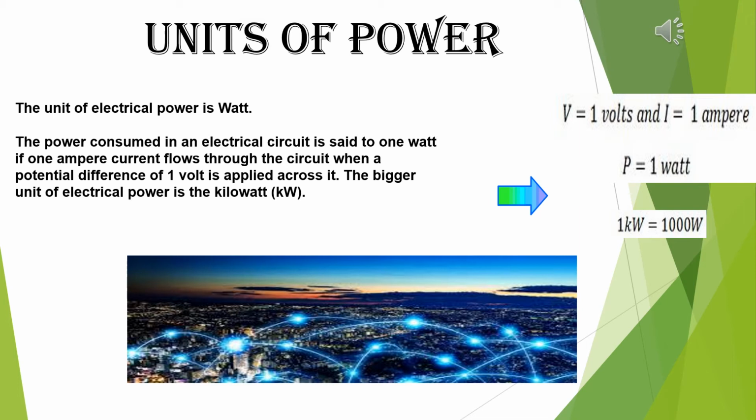The bigger unit of power is kilowatt. 1 kilowatt is equal to 10 cube watt, like 1 kilometer is equal to 10 cube meter. Same relationship, 1 kilowatt is equal to 10 cube watt. Another unit of power is horsepower. 1 HP is equal to 746 watt. So this is the interrelation between horsepower and watt.